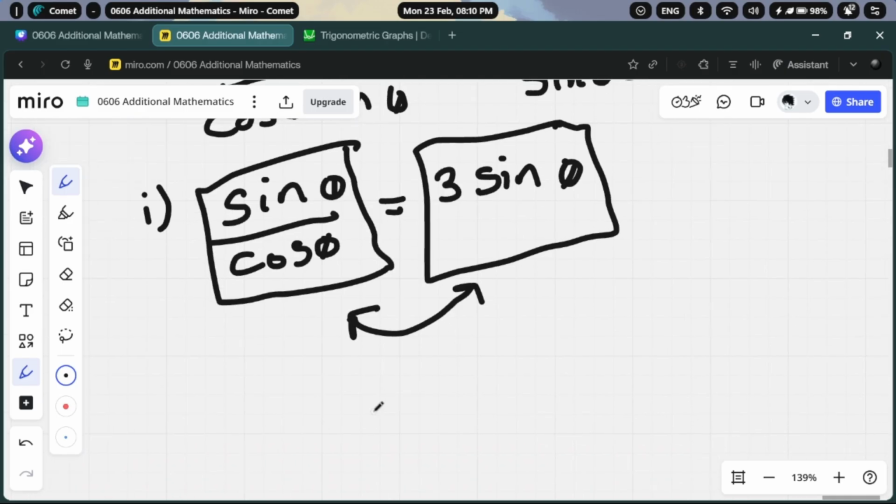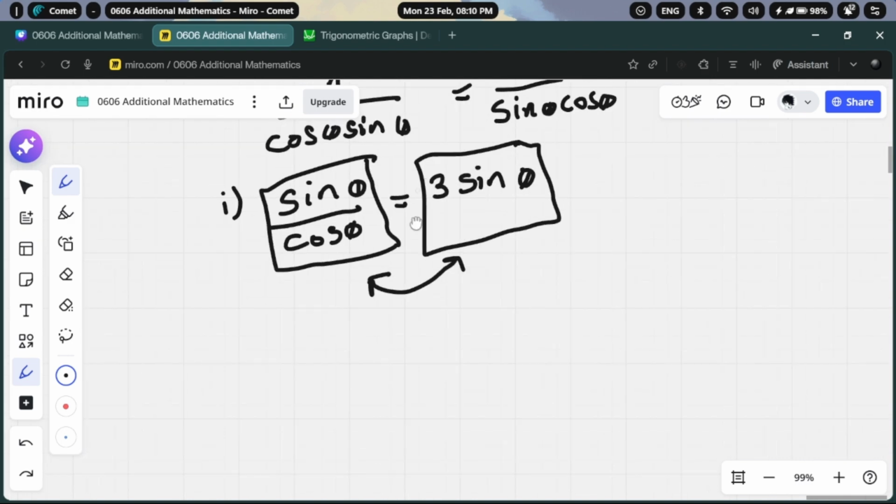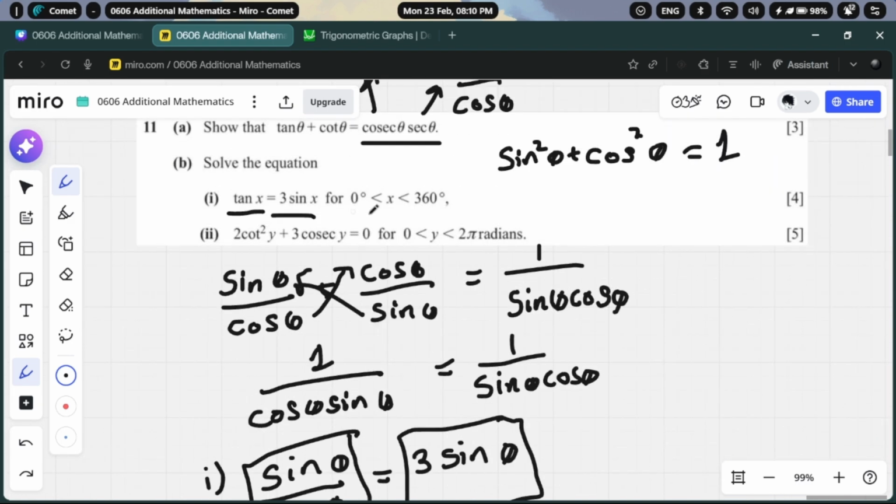Obviously, one case could be when both of them are 0. So, in the case where sine theta is equal to 0, both of the terms would be equal. But if you look at the domain, x is greater than 0, so that's not possible.